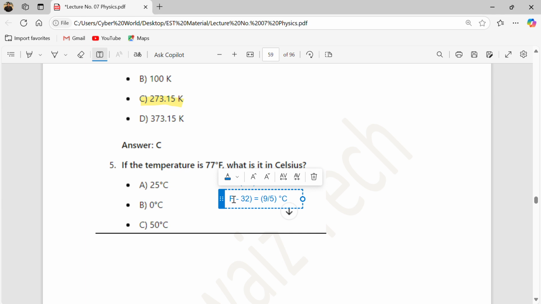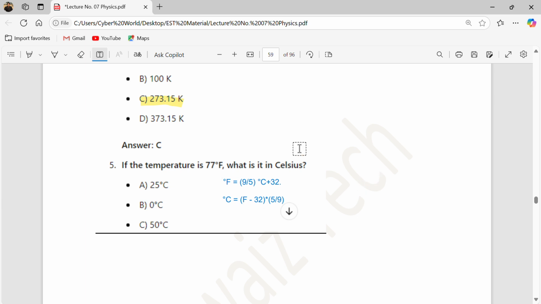So here you have to multiply by the inverse, 5 by 9. Okay, so Celsius becomes equal to this. So this is basically the formula. You can write it here. So Celsius is equal to this, and Fahrenheit is equal to what is mentioned above.